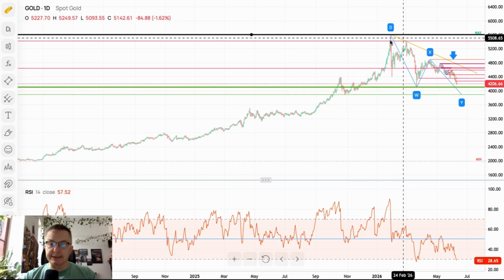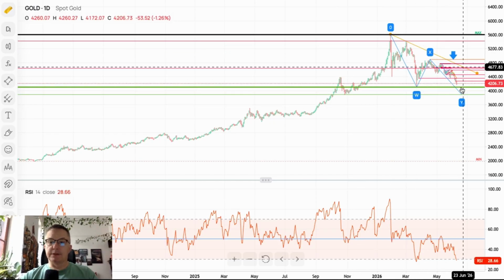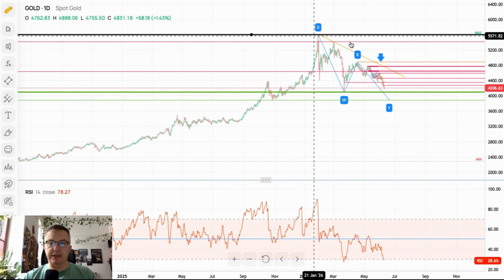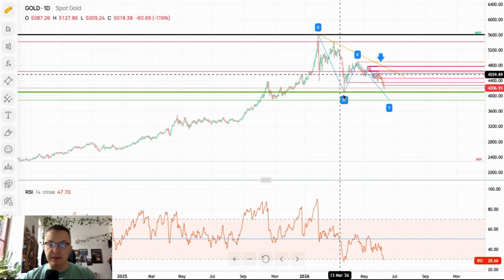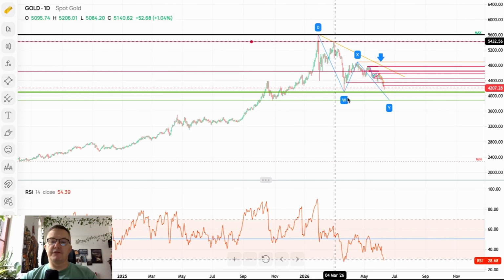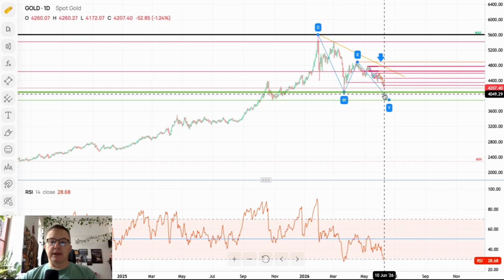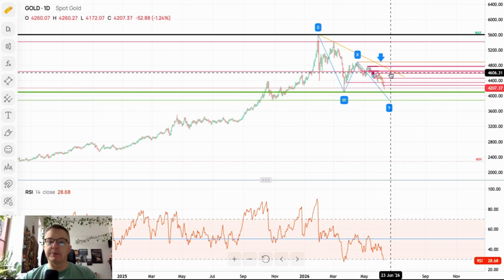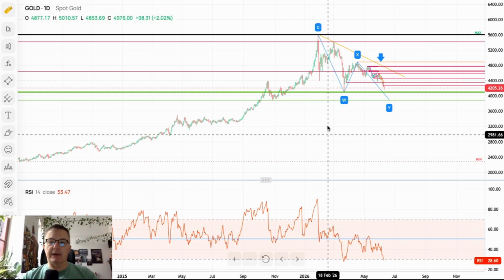But look at this situation here. This is a completely different cycle with very, very big volatility. High volatility means that the correction might be deeper than you think, right? Please have it in mind.